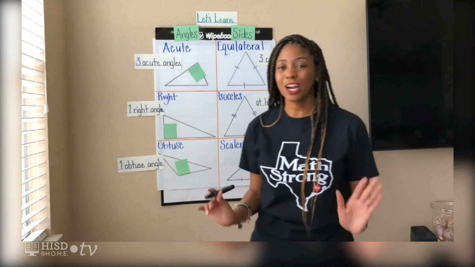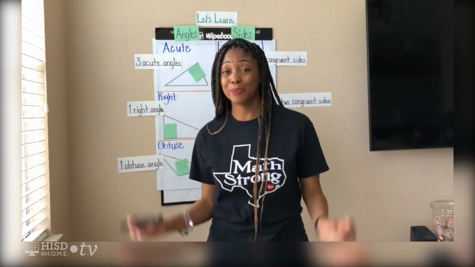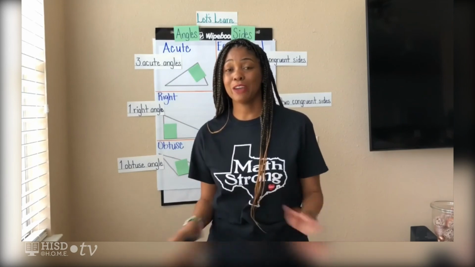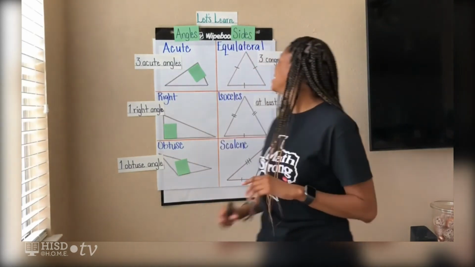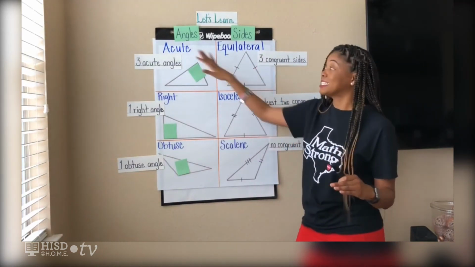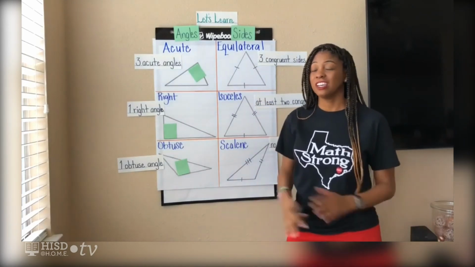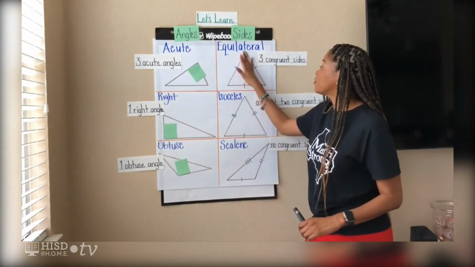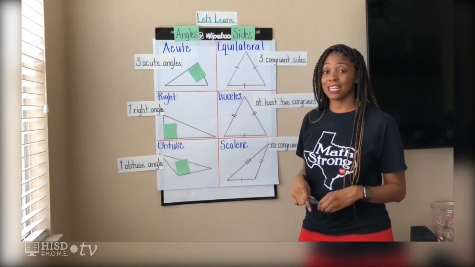But the one triangle that no matter what is always going to be this type of triangle every single time is an equilateral triangle. When we classify an equilateral triangle by its angles, they are always going to be called acute. Always. Because in order for it to be equilateral, that means the angles also have to be the same size.